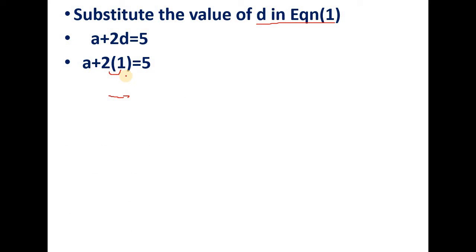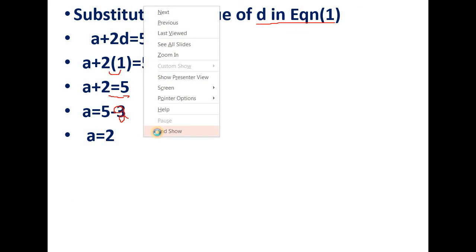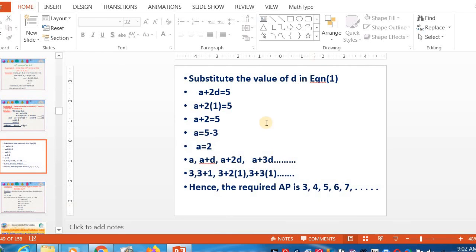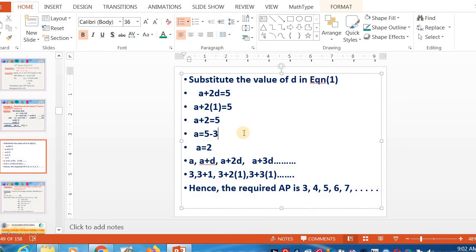A plus 2d is equal to 5. Two ones are 2. Now let us transpose. This is 2, not 3. So a is equal to 5 minus 2, and 5 minus 2 is 3.